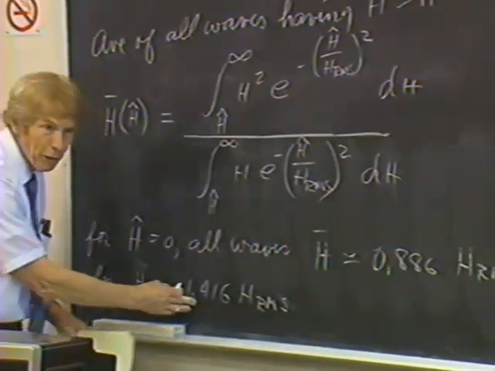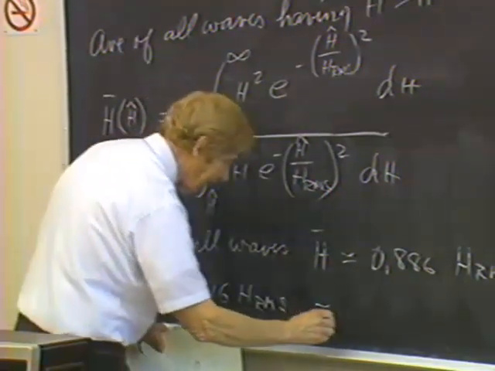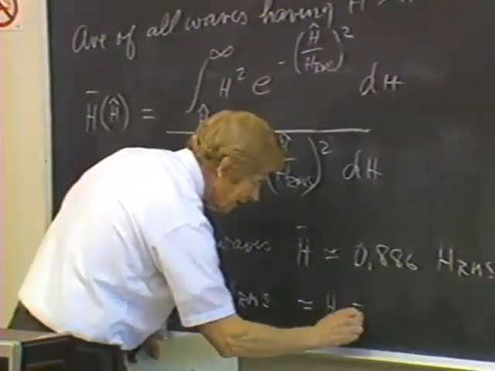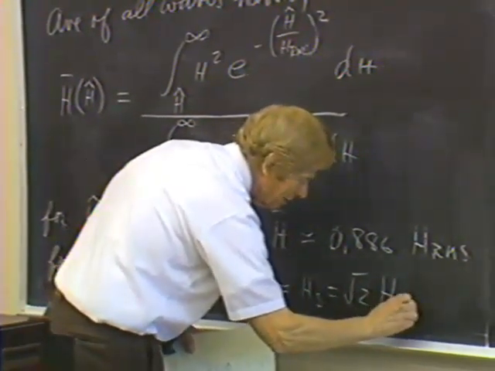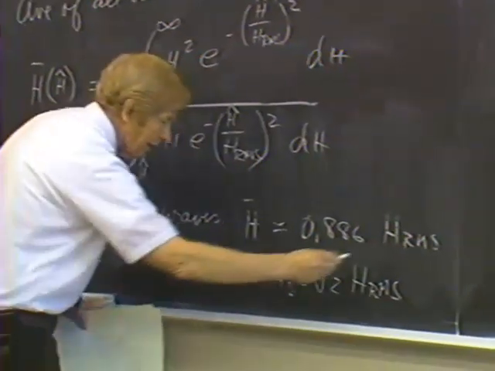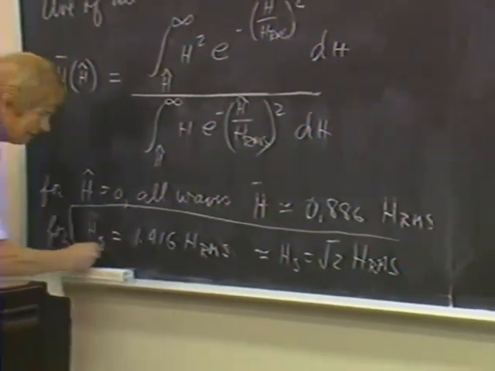And this is very close to the square root of 2, so you commonly see H significant is equal to the square root of 2 times HRMS. And this is what we've been after this afternoon.